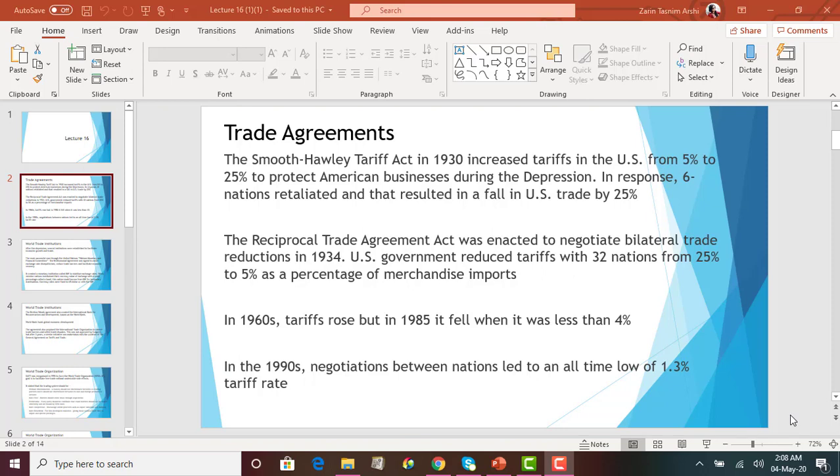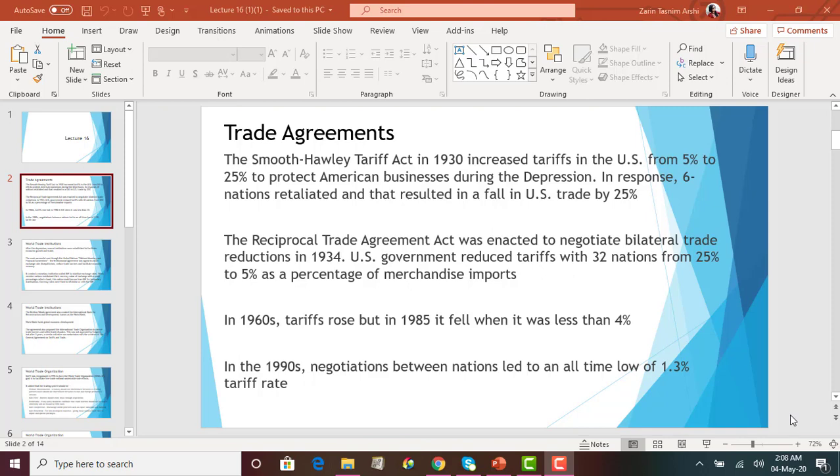Okay, just to give you a brief overview, the Smoot-Hawley Tariff Act was passed in 1930, and this increased tariffs in the US from 5% to 25%. So for anyone trying to import goods, the prices went up by 20% because of this tariff.